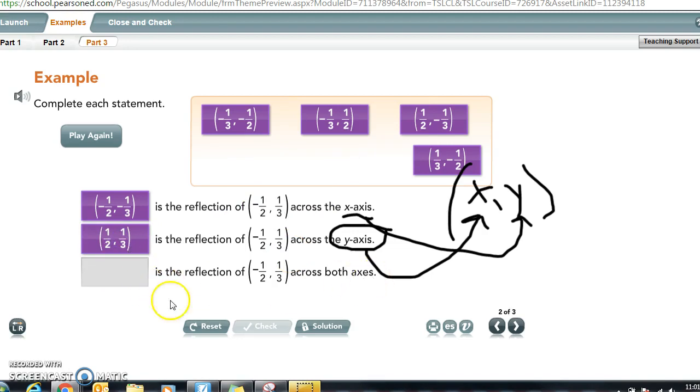Now they want us to change both. So I have to do the opposite for both. The opposite of negative 1/2 is positive 1/2, and the opposite of 1/3 is negative 1/3. So I'm looking for the ordered pair 1/2, negative 1/3.